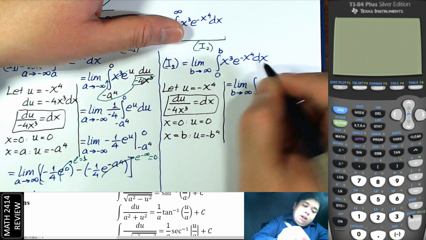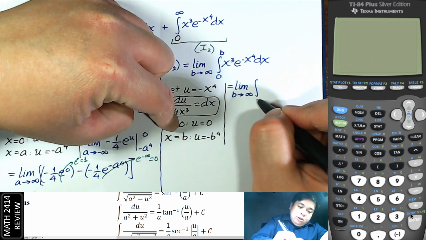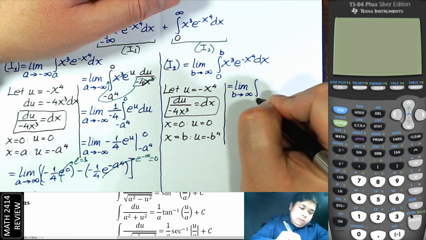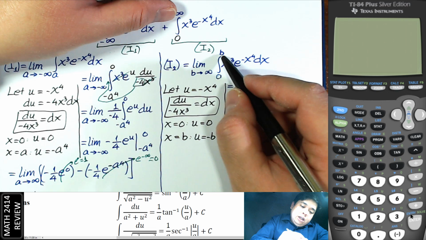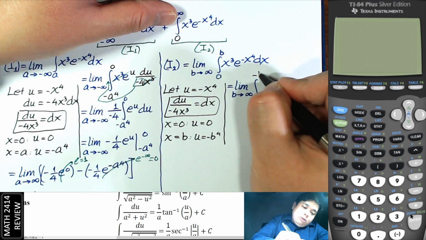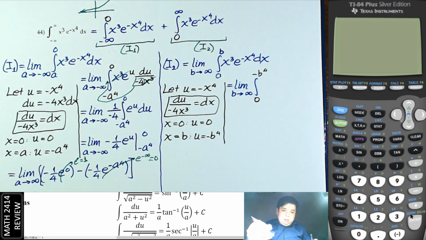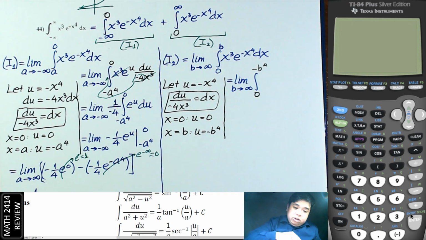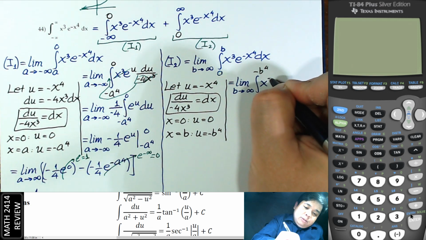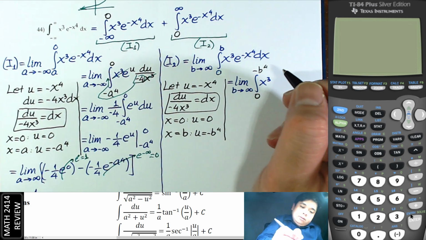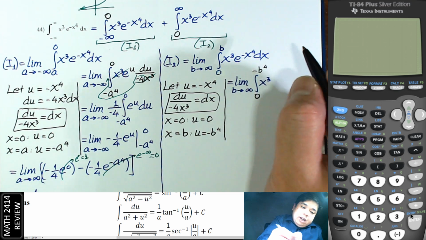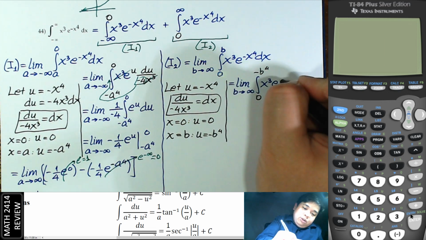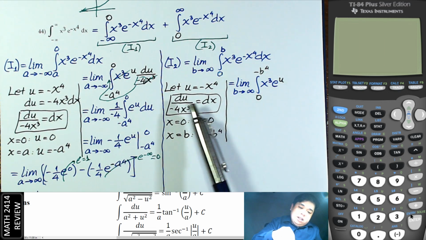Right, we go from the new limits, 0 to negative b to the fourth power. I will still have x cubed and e to the negative x to the fourth, that is e to the u, and dx is this.